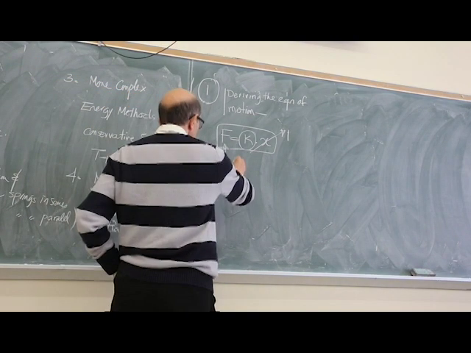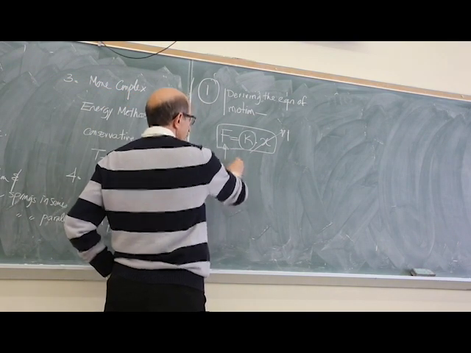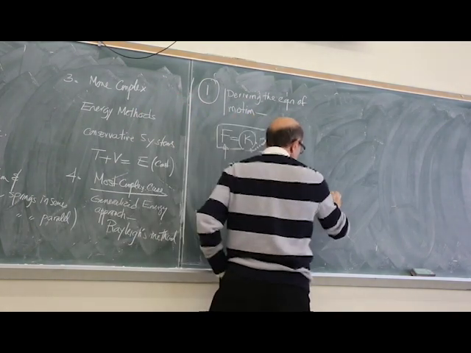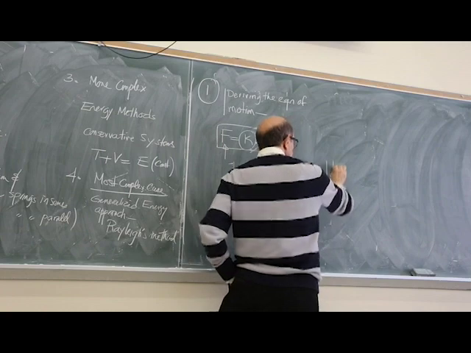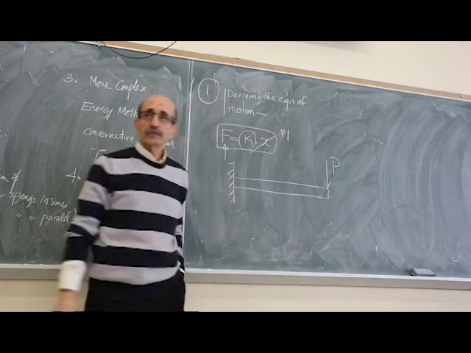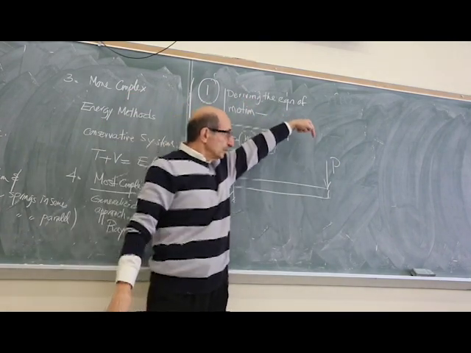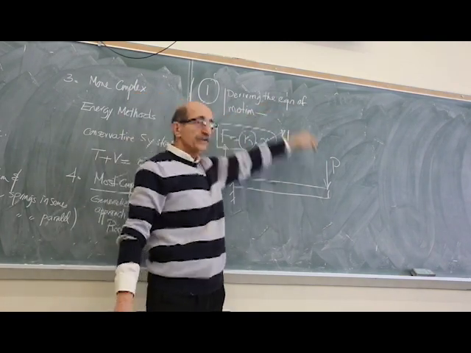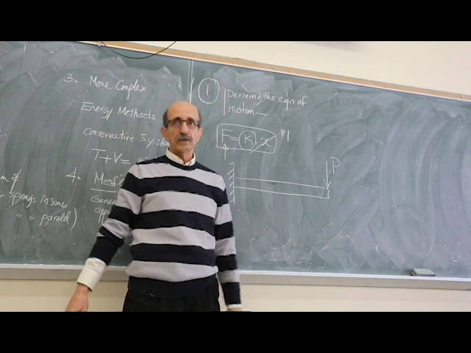Let me show you an example instead of talking about it in abstract. Let's say you had a beam in strength of material, right? When you apply a load, this load moves the beam in the direction that the load is applied.